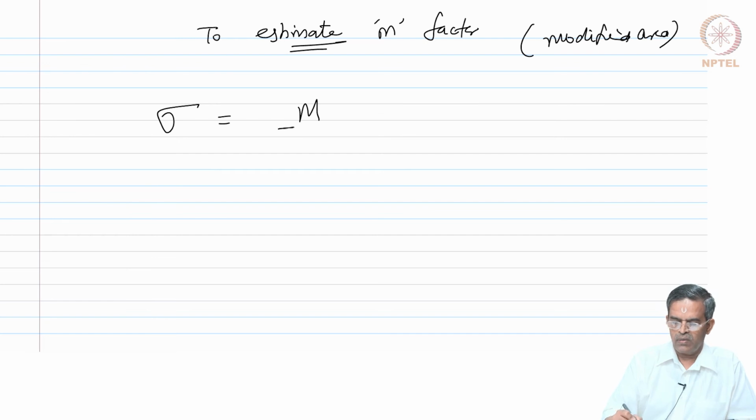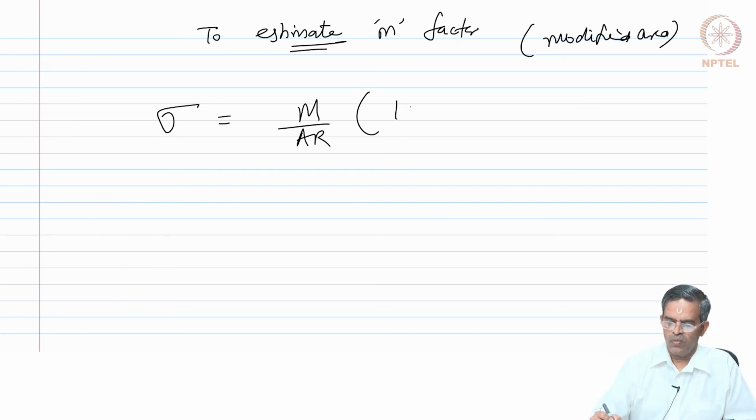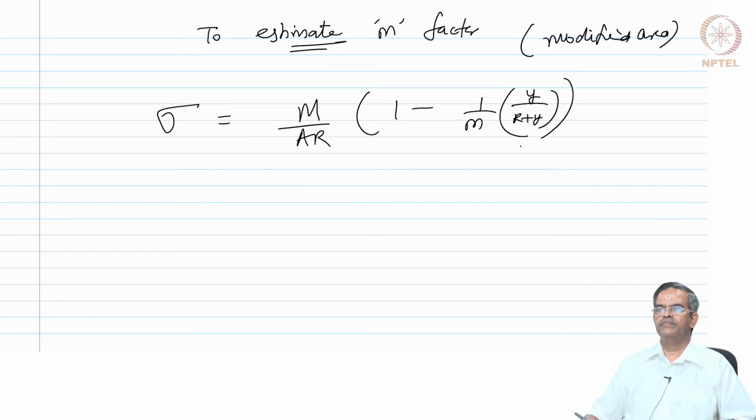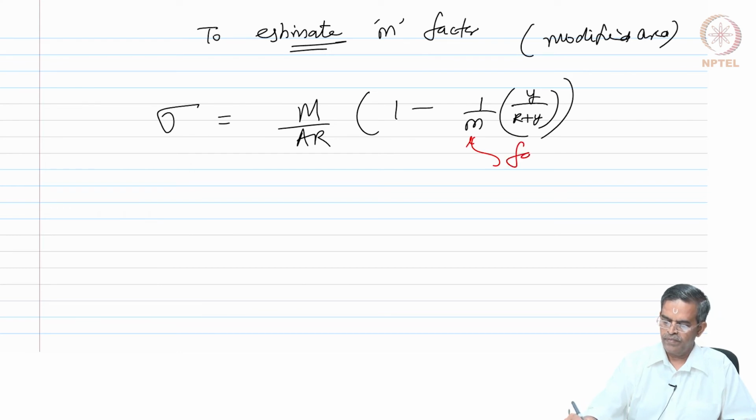See the equation we have for the curved beam, 1 minus 1 by m into y by r plus y. So, this is the factor of the cross sectional area. So, it is a geometric shape dependent factor.